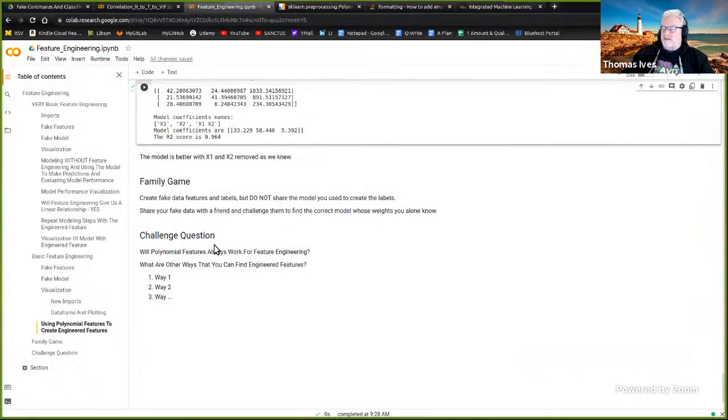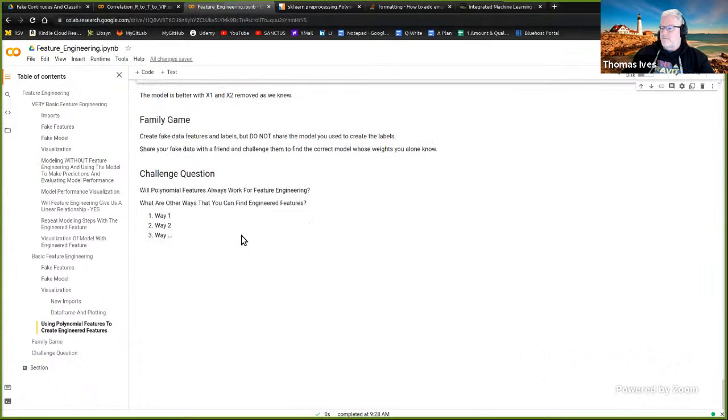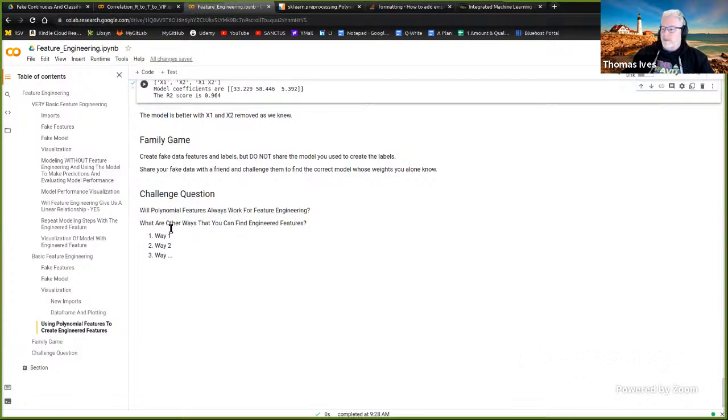Now, this gets to Guy's question, I'm pretty sure. A challenge question: will polynomial features always work for feature engineering? I don't think so. But if you look deep enough into the math, oftentimes polynomial features will work, even if polynomial features aren't the best.